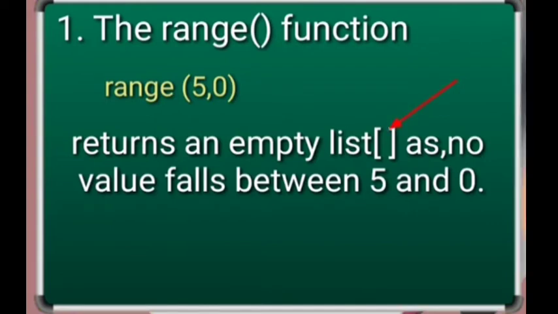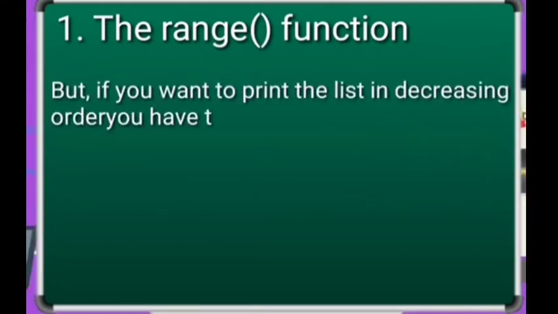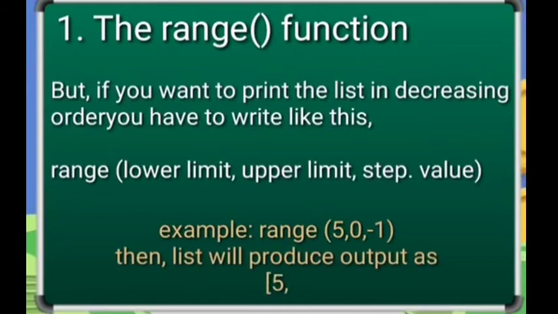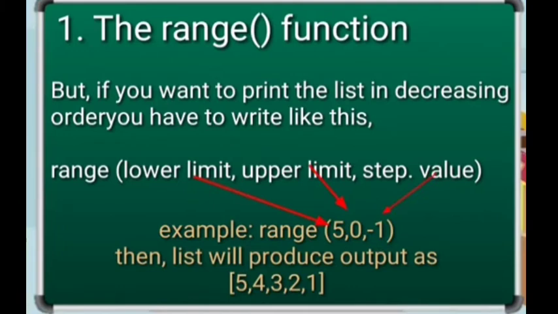But if you want to print the range in decreasing order, starting from 5 and decreasing till 0, you need to write it like this. To print the list in decreasing order, we will write range, lower limit, then upper limit, then the step value.